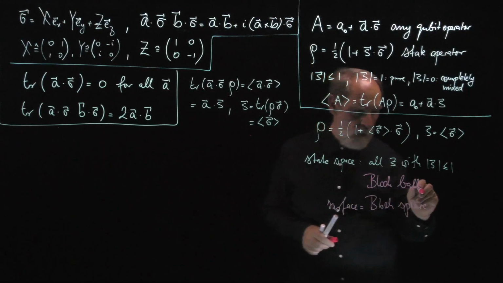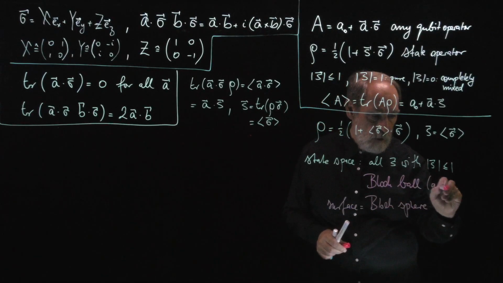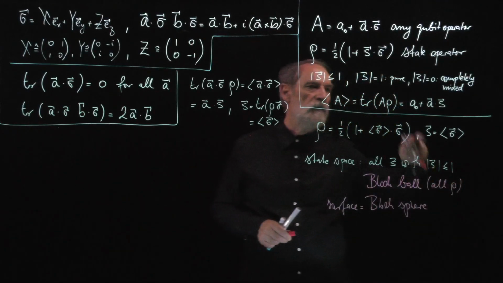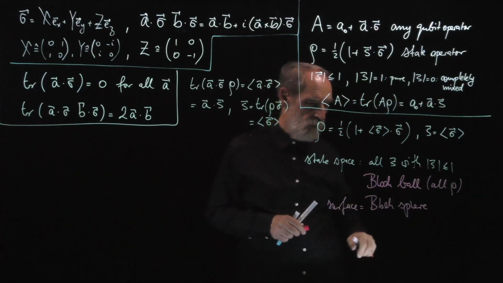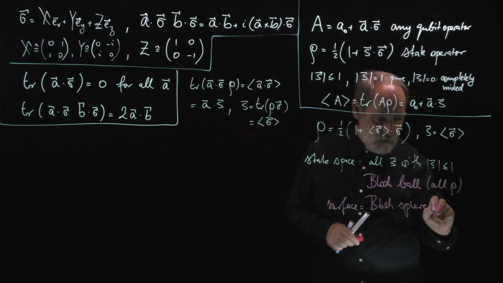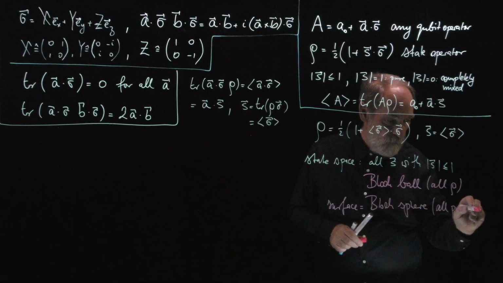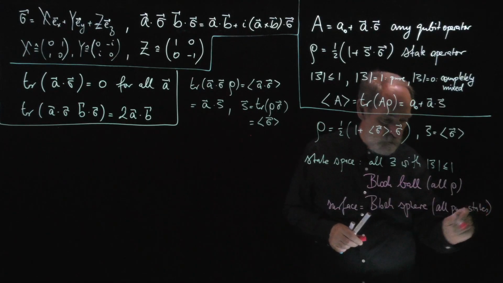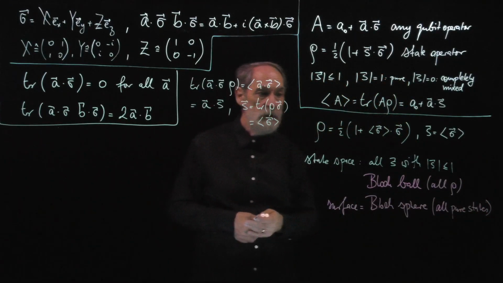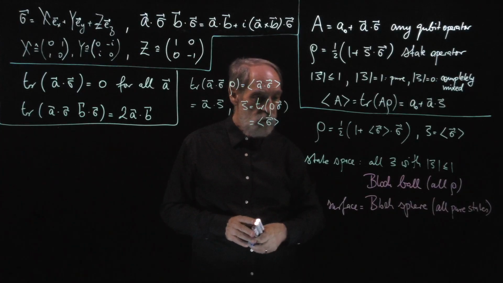And so the Bloch ball is all rho represented by S or parameterized by S. The Bloch sphere is all pure states for the qubit. So we have a very simple geometry for the qubit state space.